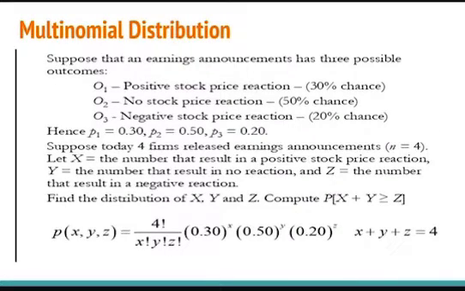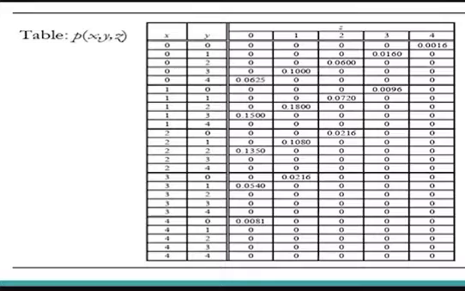Now, where you have serious work, they ask you to find the probability of x plus y greater or equal to z. You're going to use this and construct a table. This is a table of 3 columns.